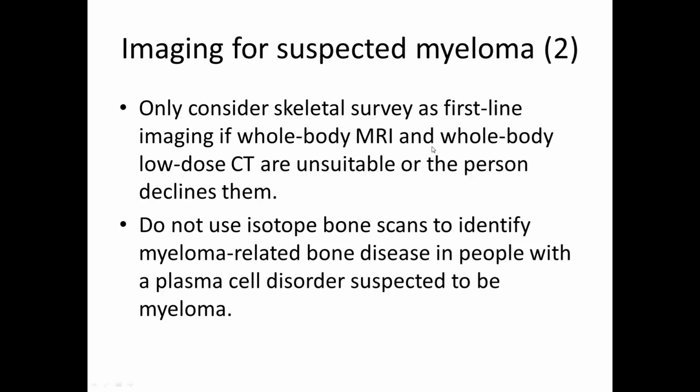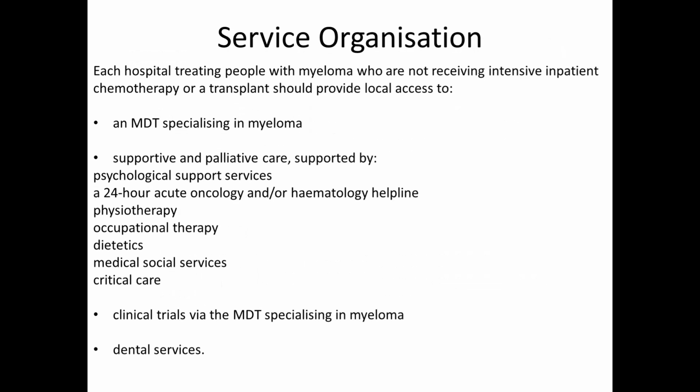So in the UK, we have what we call MDTs, or multidisciplinary teams, and they're teams of healthcare professionals that look after a particular disease or group of diseases. Usually it's hematological cancers. But for any MDT specializing in myeloma, we made recommendations around who should be in that MDT and what access they should have to other services.